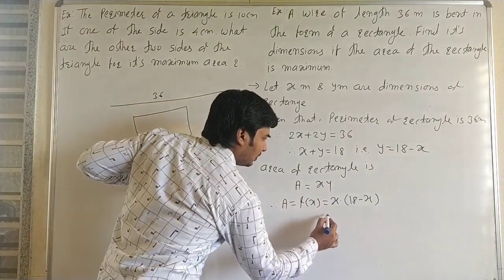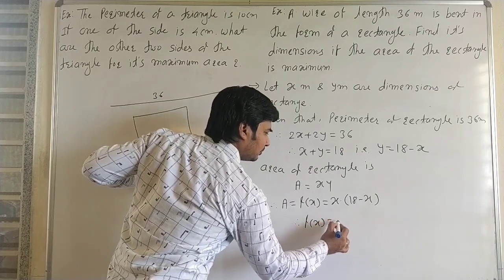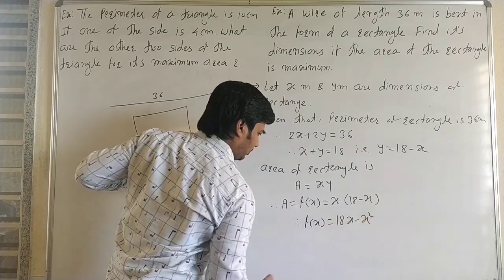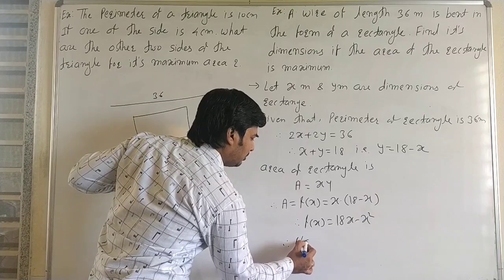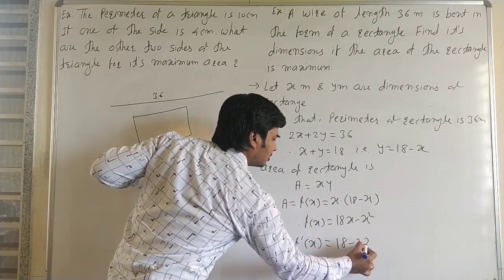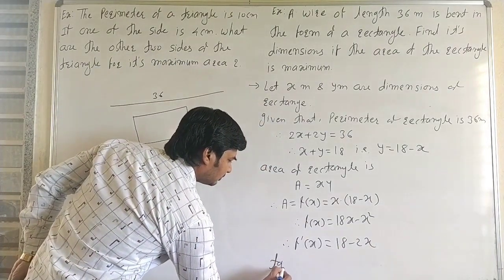Then f of x is equal to 18x minus x square. Now find first f dash of x. Therefore f dash of x is equal to 18 minus 2x. Now take f dash of x equal to 0.